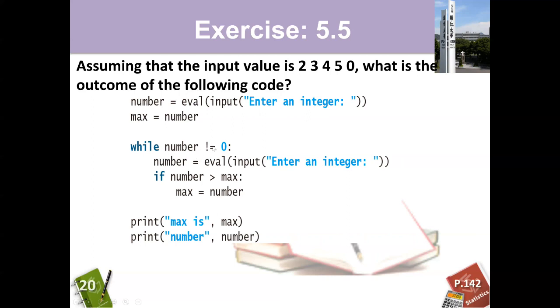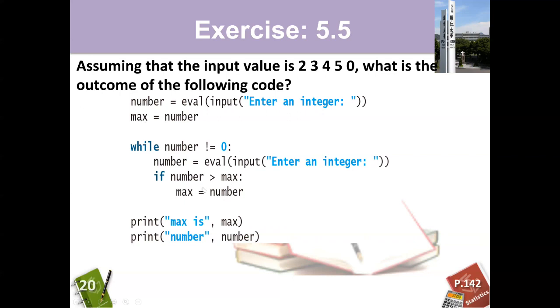So while the number is not equal to 0, yes, the first time it is not equal to 0, so you will ask the user to enter an integer again. This time, 3 will be entered into the number. The number 3 is larger than the max, because initially the max is 2, right?